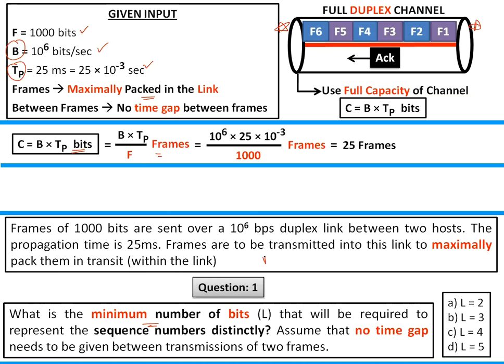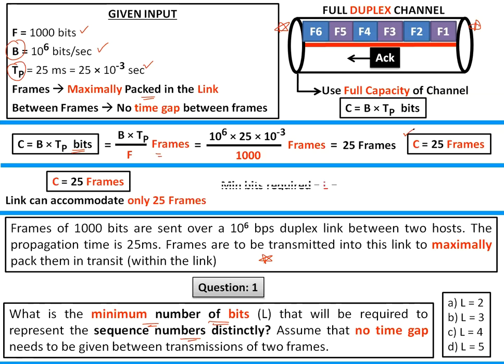If I fill the link like this, what is the minimum number of bits required to represent the sequence number? For example, if my buffer capacity is equal to the channel capacity, what is the minimum number of bits required? They are asking. C is equal to 25 frames. So the minimum number of bits required will be 5 bits, guys. That is the first question.